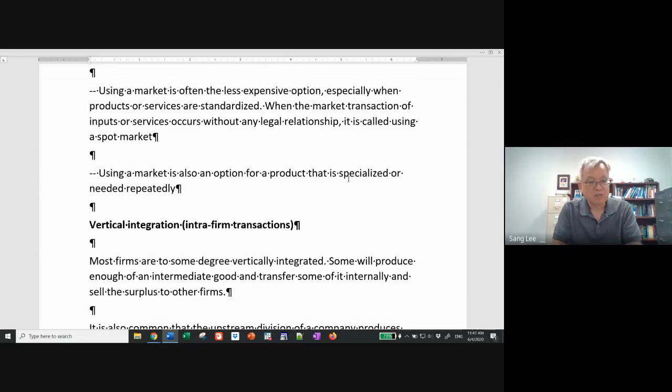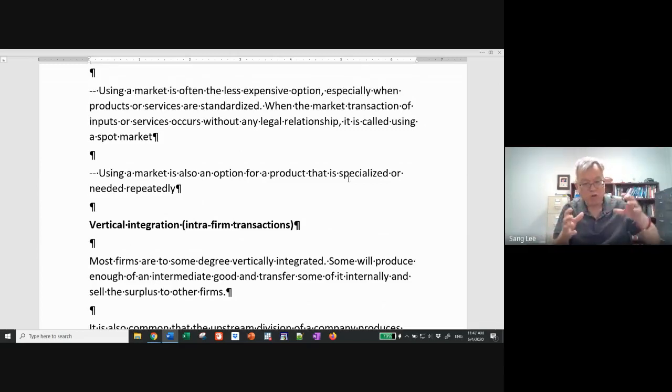Okay, now let's talk about vertical integration. Now, vertical integration simply means what? As I said earlier, it's make. Instead of buying something from independent suppliers, you make them internally.